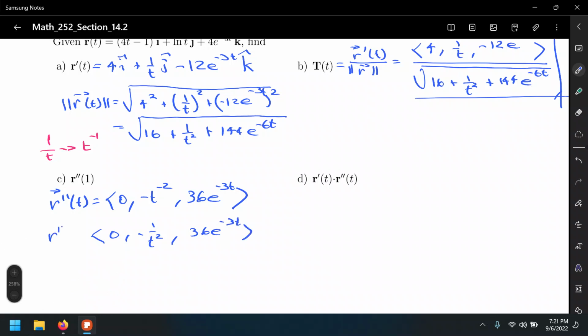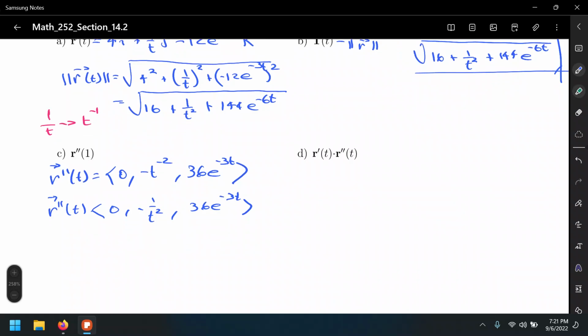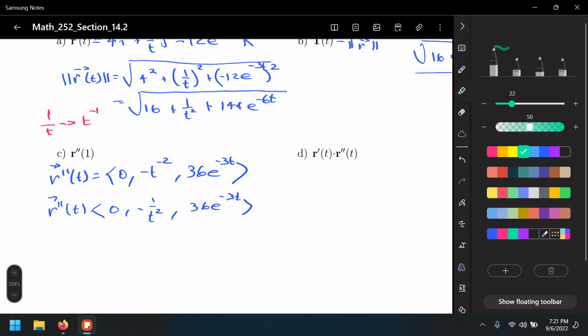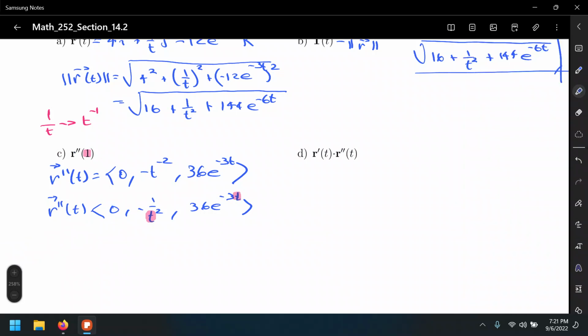So that's the second derivative of the vector valued function. Now we are ready to evaluate that second derivative at the corresponding value. In this case, we want to evaluate it at 1. Wherever you see the letter t, substitute with a 1. That's all we do. Well, the first one is a 0.